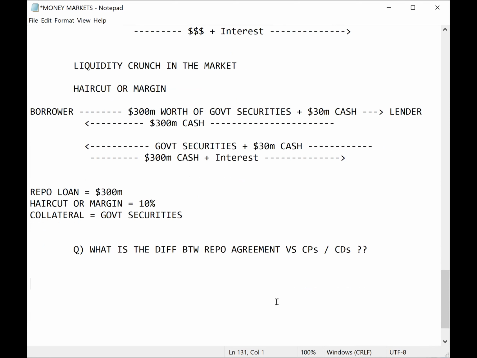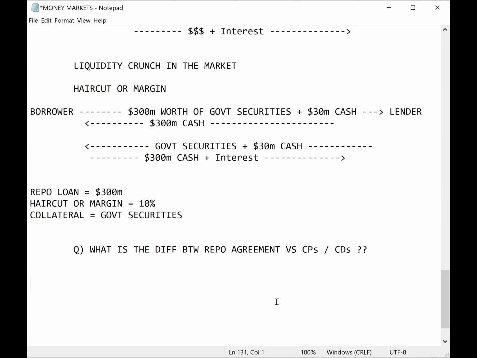Sir, is there any benefit to the lender, like in future they have to return the security plus margin plus interest? Sorry, your voice is not very clear. Can you please repeat? Sir, in this repurchase, the lender has to return the government security with interest.